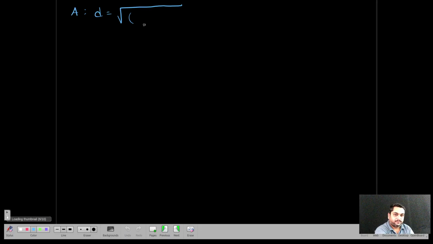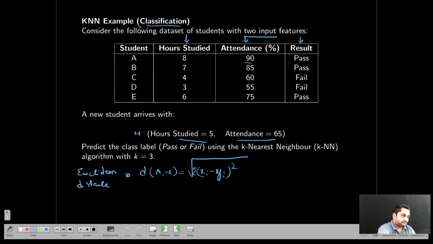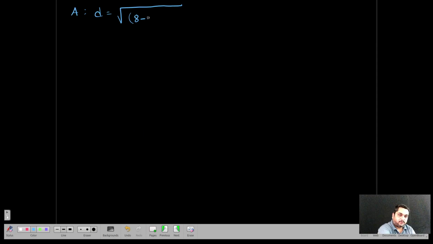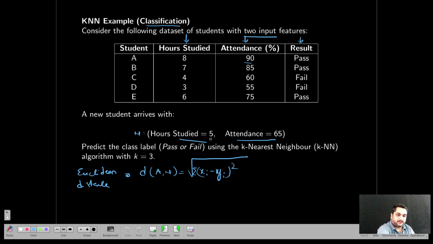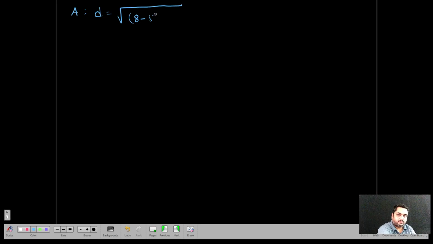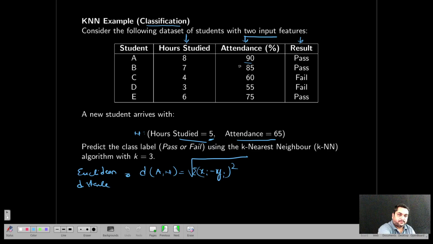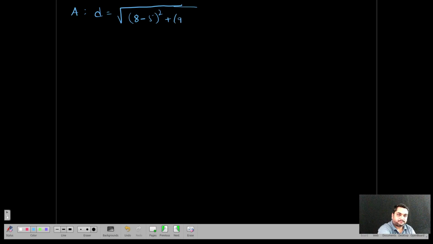So you take the difference and then add them. There are two features, so summation of i equal to 1 to 2. So what I will do is, this is 8 from A and 5 from this new point, squared, plus the other feature, 90 minus 65, squared.